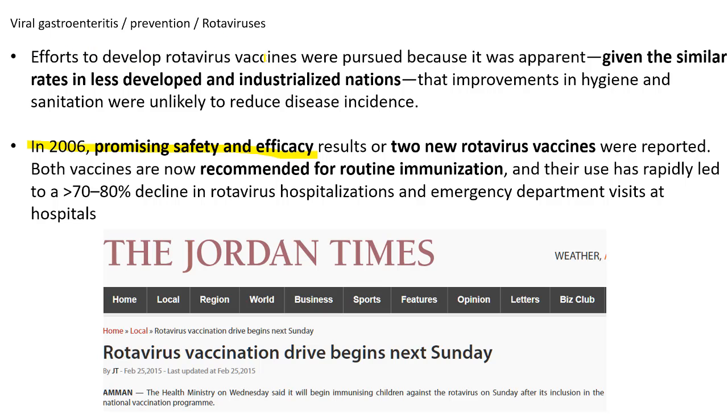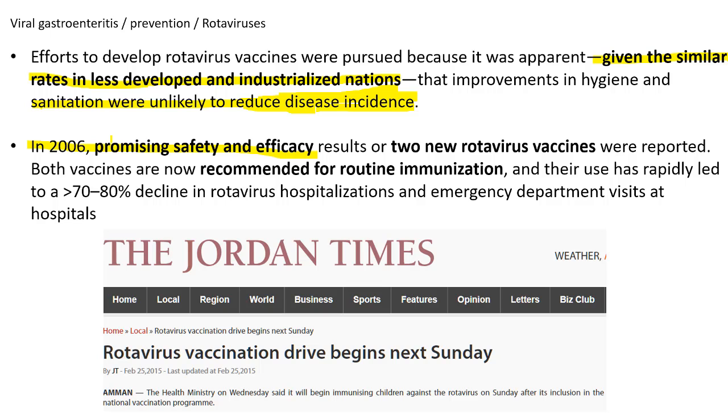Because they found that there is a similar rate of rotavirus infections, rotavirus gastroenteritis in developed and industrialized nations, so that hygiene improvements and sanitation improvements were not likely to reduce the disease incidence. So they looked for another method to reduce the disease incidence, which kills a number of children.